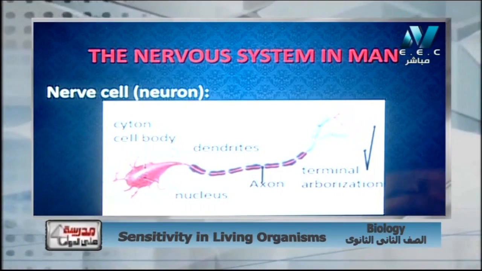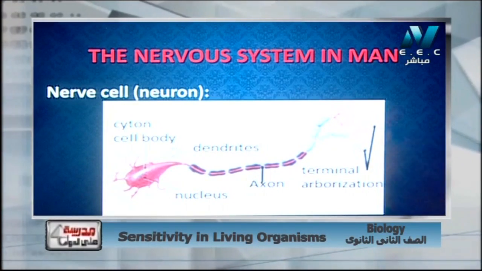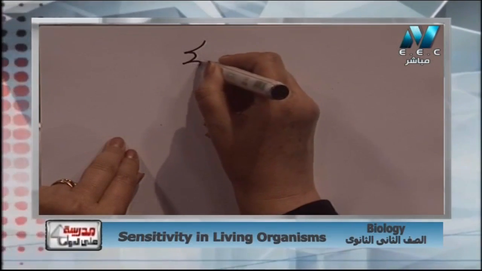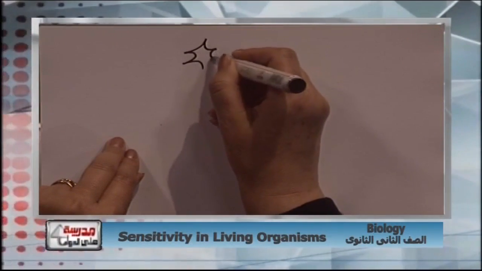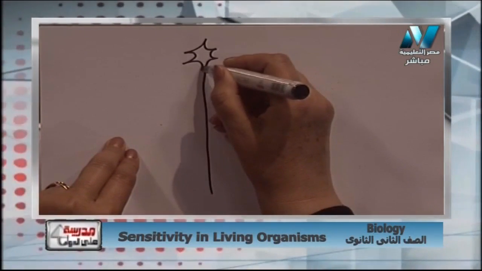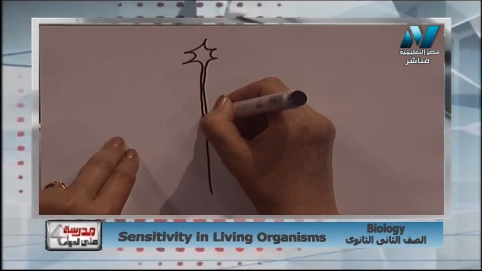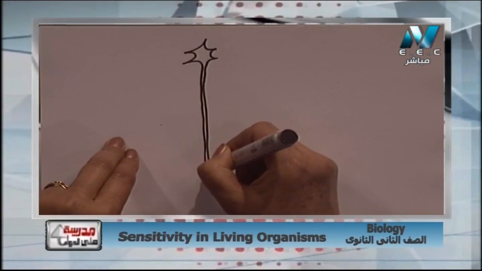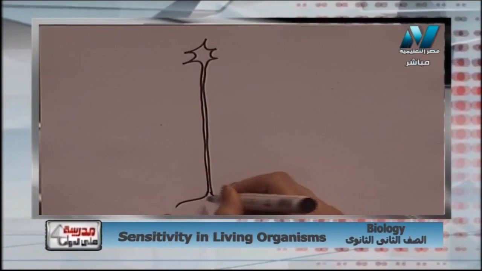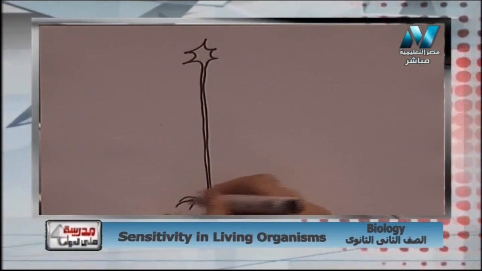Now let us draw it together. The neuron starts with the cell body, which is called the cyton, and this big extension is called the axon.